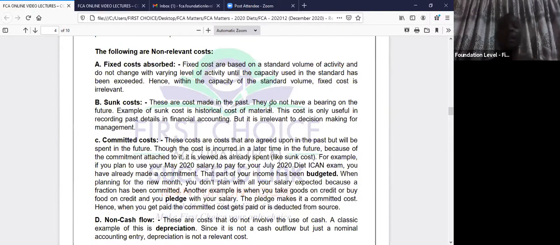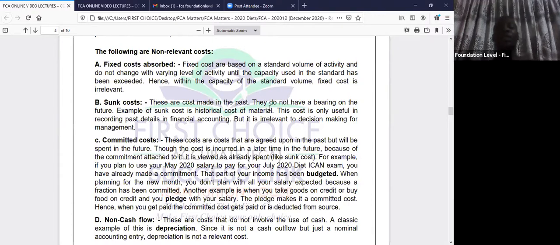Another thing here is sunk costs. Sunk costs are costs that are made in the past. So this is the opposite of future costs. So future costs, relevant. Sunk costs, costs made in the past, are not relevant. Now, how will you know a cost made in the past? Watch out for past tense.